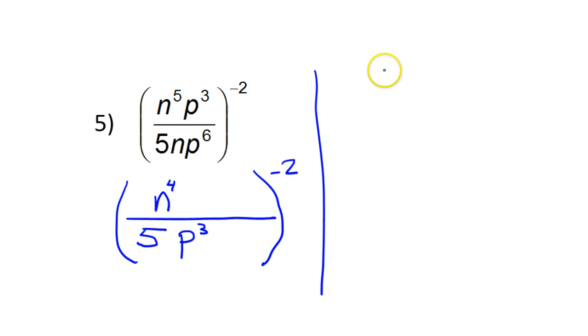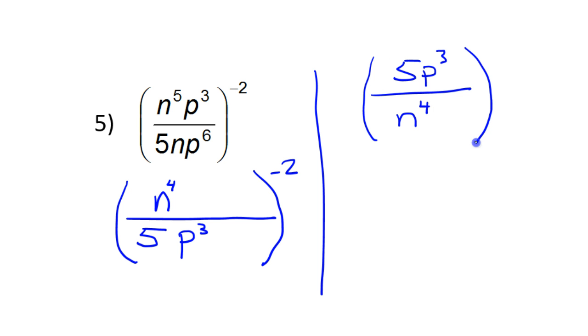So the reciprocal of this, I'm going to have 5p to the 3rd power over n to the 4th power. All right, and now it's squared. Now it's a +2. So now I can square everything inside. So 5 squared is going to be 25.